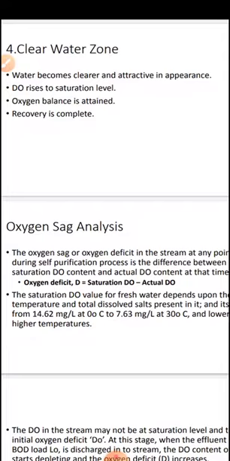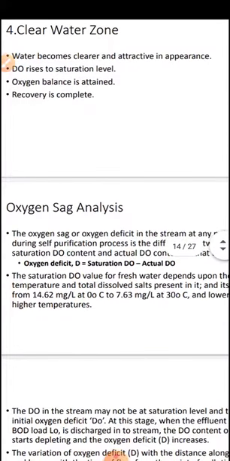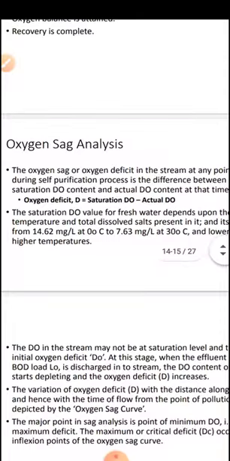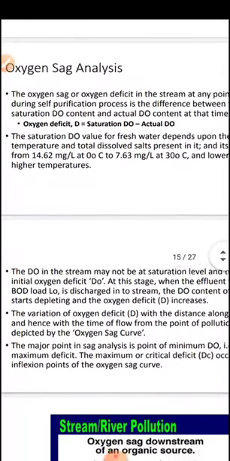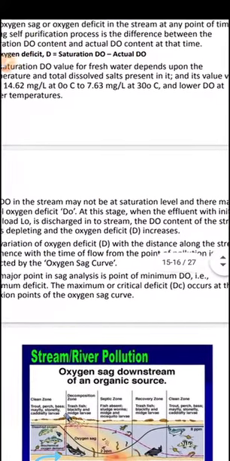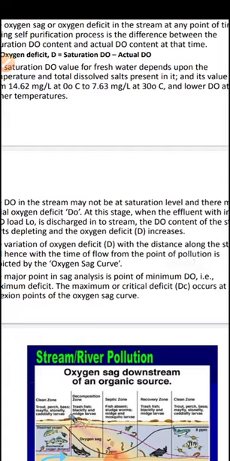So oxygen deficit D is equal to saturation DO minus actual DO. This is the basics. And the DO in the stream may not be at saturation level because there will be some organic content already present in the drain. So that's why DO would not be at its maximum saturation level.